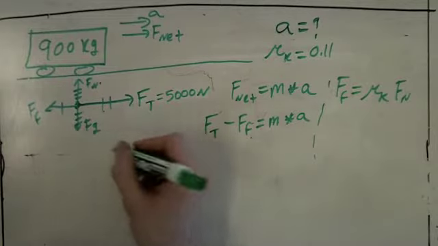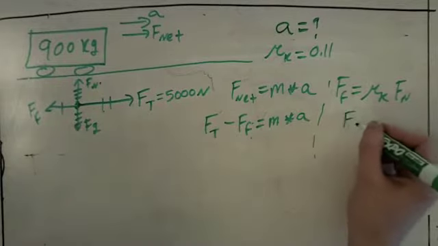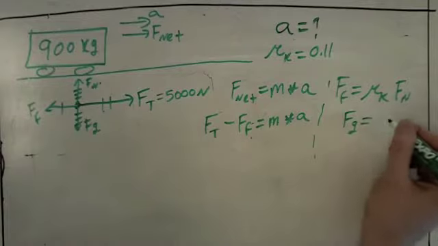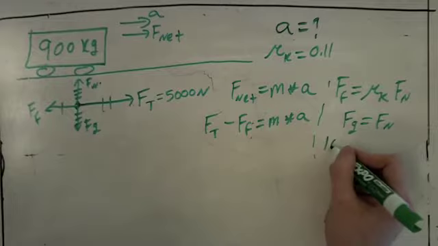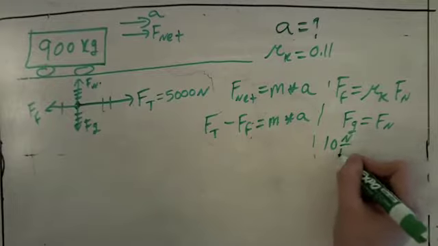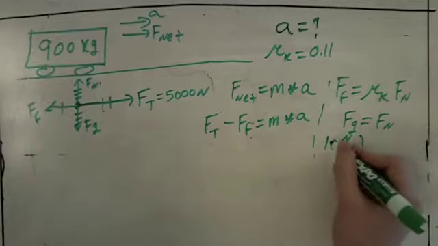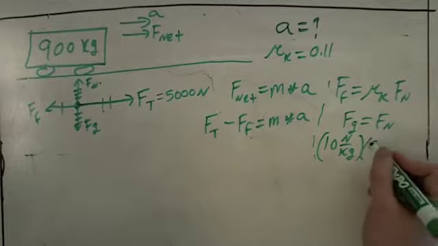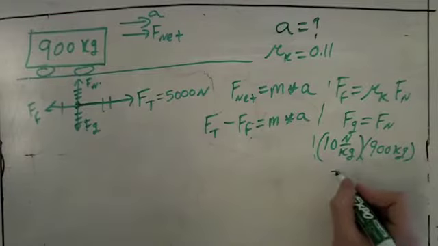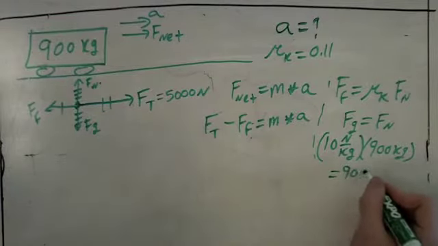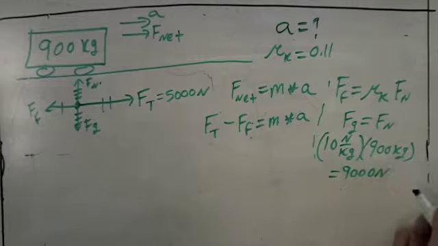So what I could do, force of gravity in this situation is equal to the normal force. Well, hey, I know how to find the force of gravity. 10 newtons per kilogram, and the car is 900 kilograms. So therefore, that equals 9,000 newtons.